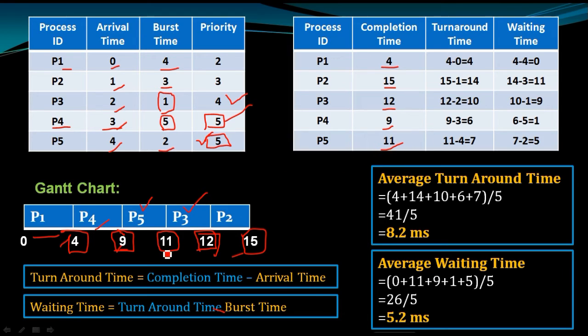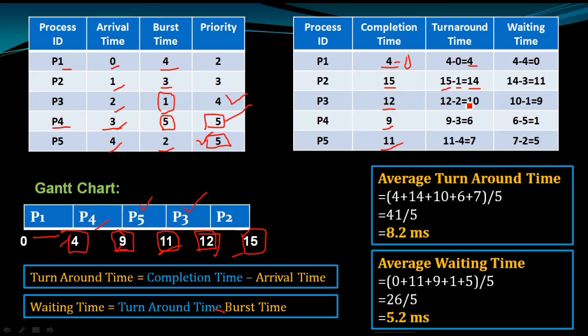Now after getting the completion time, we can calculate the turnaround time based on the formula, completion time minus arrival time. For P1 it is 4 minus 0, which is 4. P2 completion time is 15, arrival is 1, so 15 minus 1, 14 is the turnaround time.